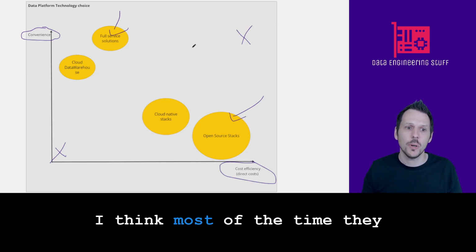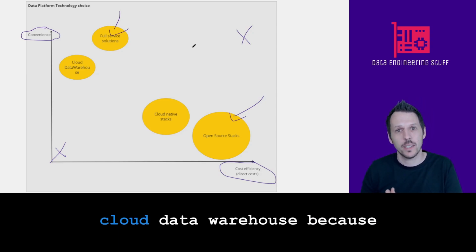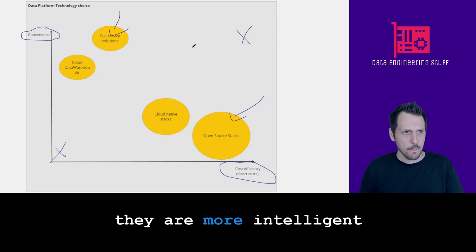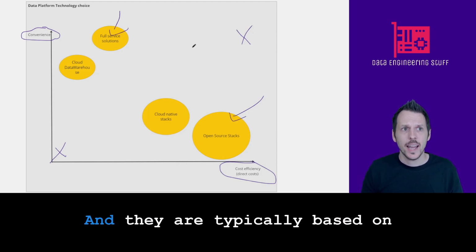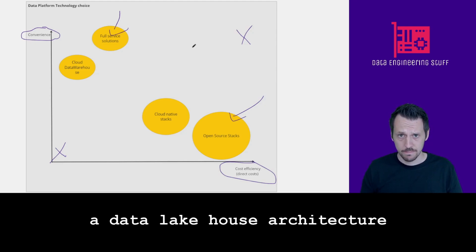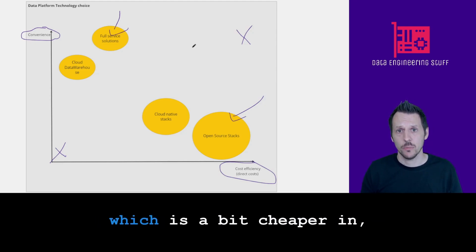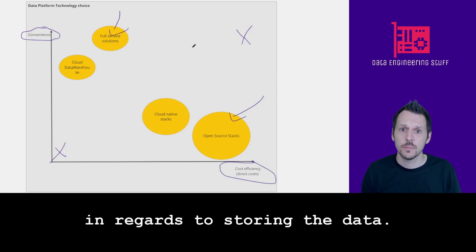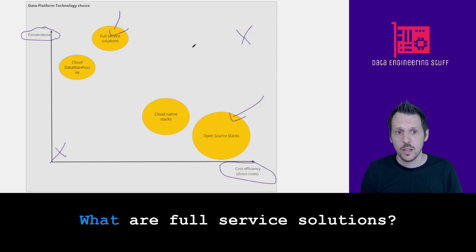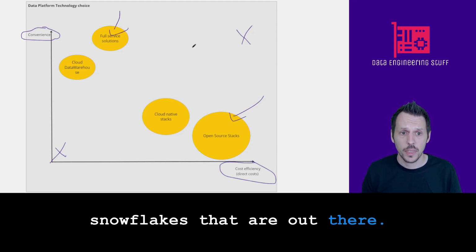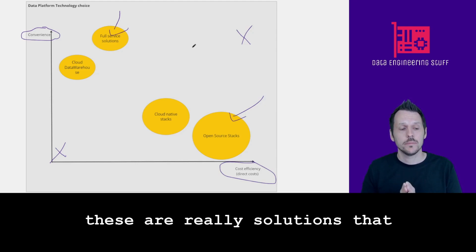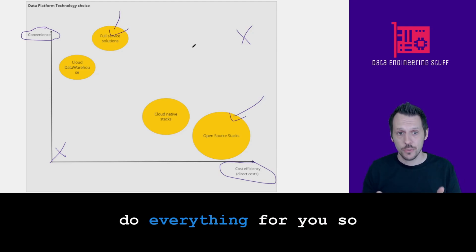I think most of the time they are not as expensive as the cloud data warehouse because they are more intelligent regarding resource usage, and they are typically based on a data lakehouse architecture, which is a bit cheaper in regards to storing the data. What are full service solutions? These are the Databricks and Snowflakes that are out there. These are really solutions that do everything for you.